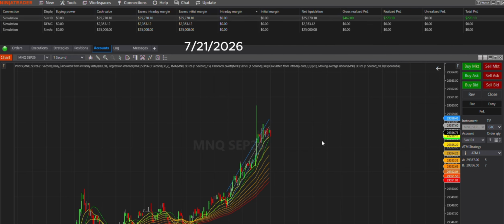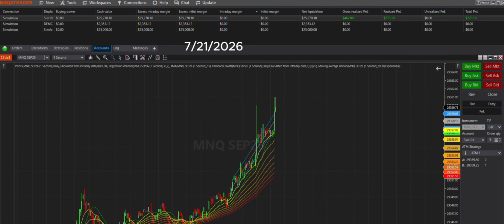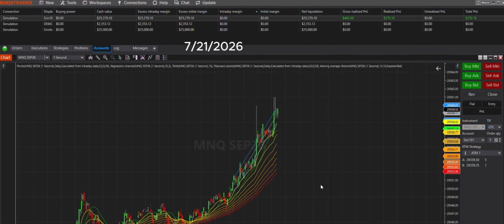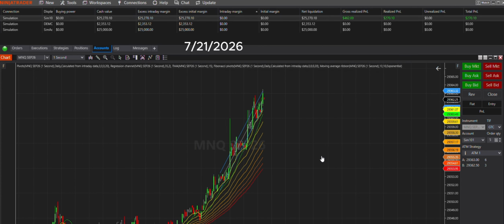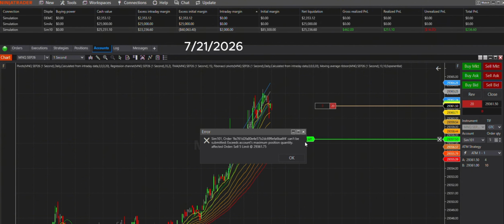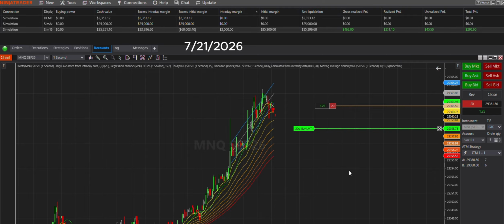Okay, seems like we're gonna hit consolidation. Either we're gonna hit a run or just gonna consolidate. But either way, I am planning to short, and I'll take that at that point.